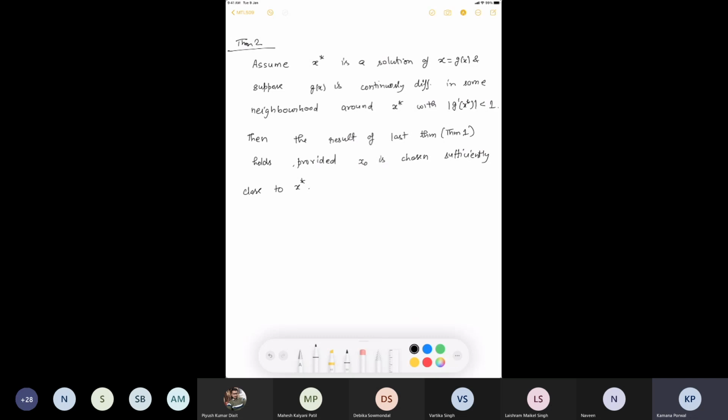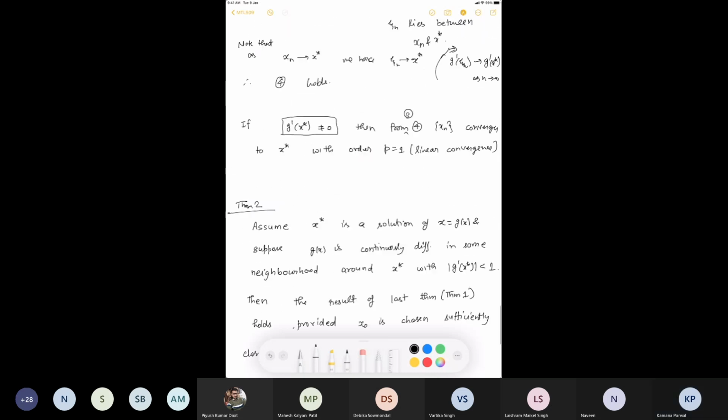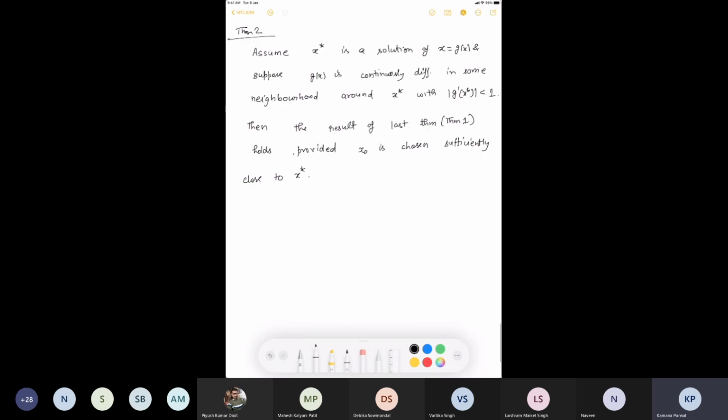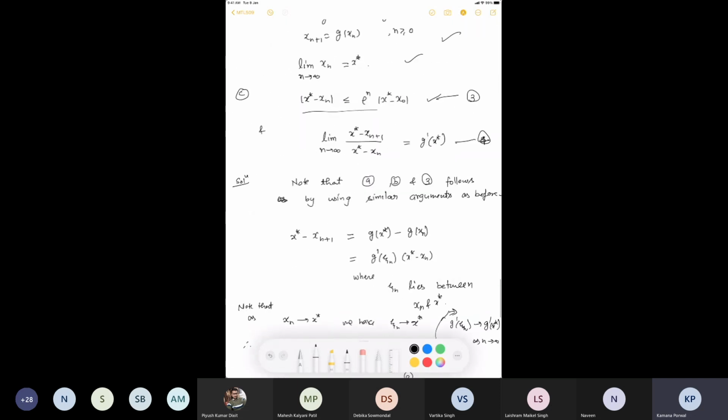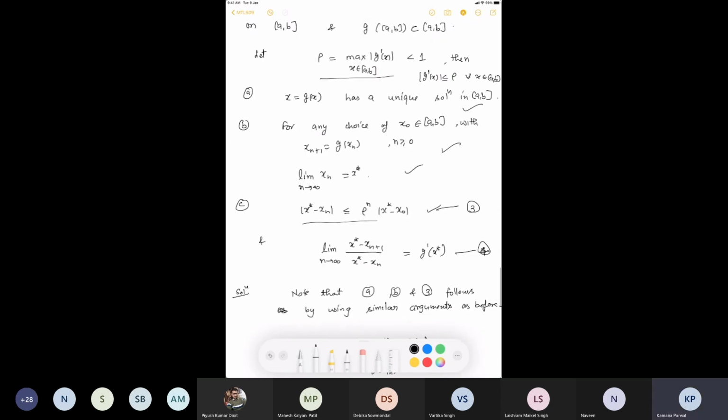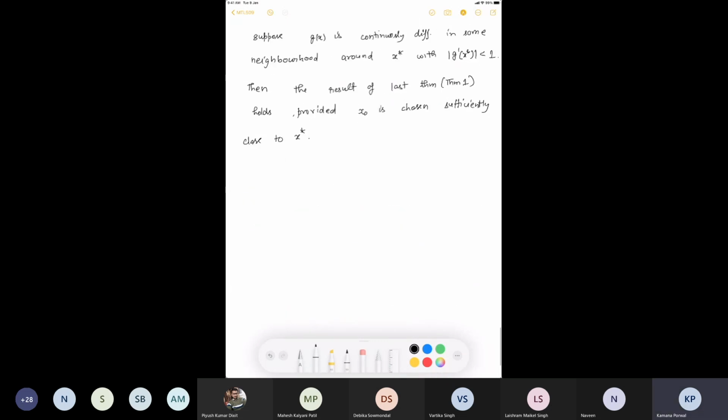That is enough to ensure that the sequence of iterates will converge, and we have already seen the linear rate, or the relation which we have obtained here. So all these consequences of this theorem will hold in this case also.